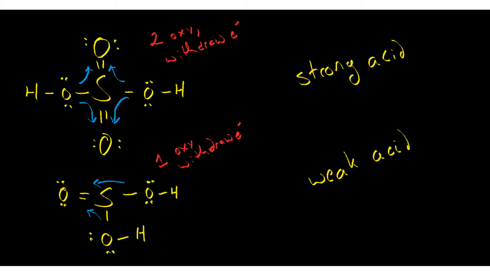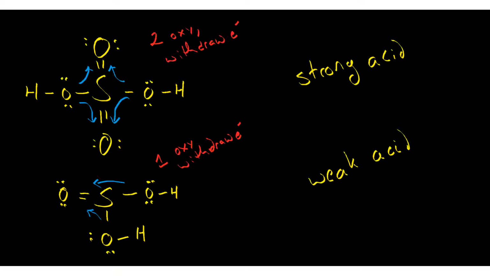They are electron withdrawing groups. So they pull hard on those electrons, and they pull on the other two oxygens through the sulfur. Whereas down on sulfurous acid, there's only the one oxygen pulling electrons toward itself. So sulfuric acid is a strong acid, sulfurous acid is a weak acid.